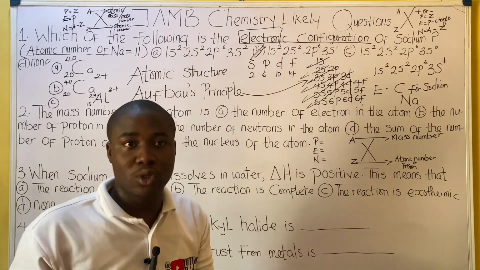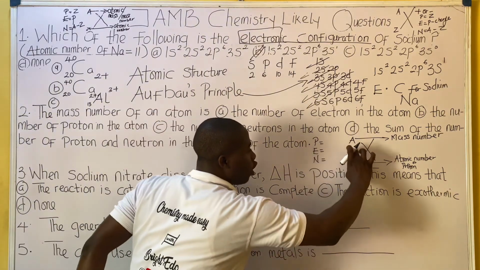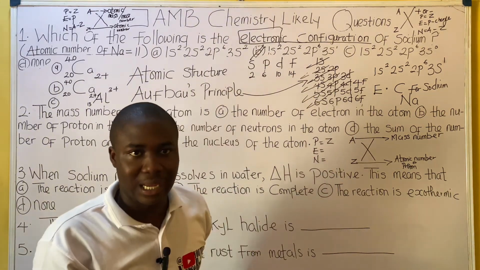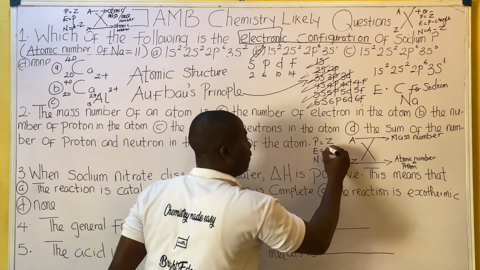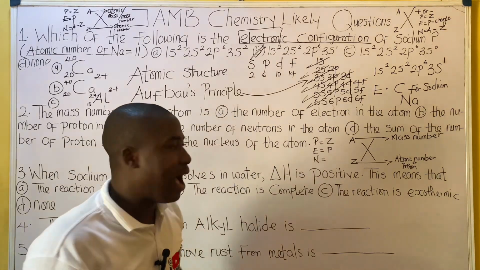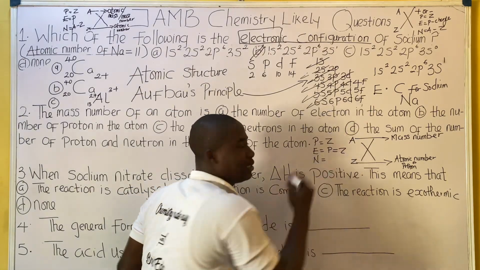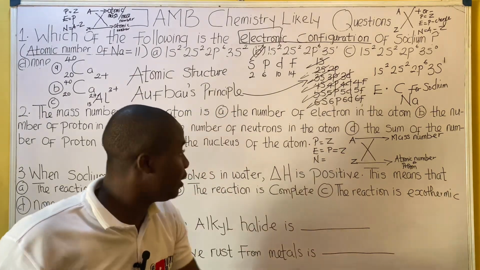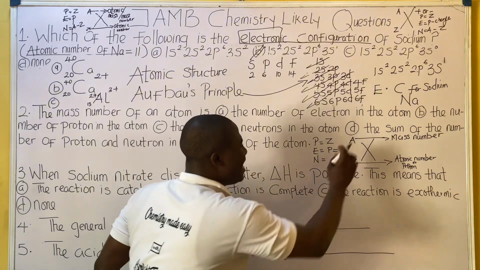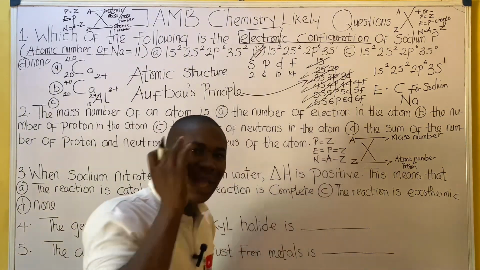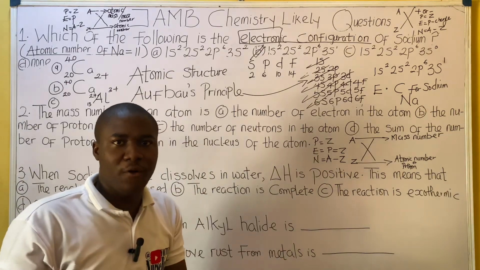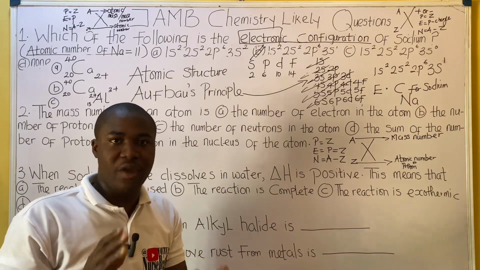So how do we get our proton, electron, and neutron? Proton is always what is down, and proton is Z. Since it is neutral, protons and electrons are the same. So electron is equal to the proton number, which is also equal to Z. And how do we get our neutron number? It is solved by saying what is up minus what is down, which is A minus Z. So moving further, what do we do next? It is very, very easy.